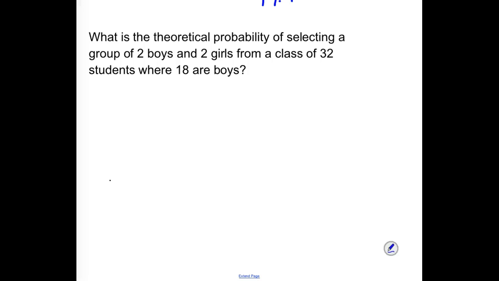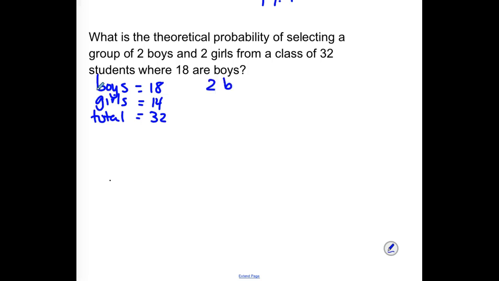All right, so how many kids are we putting in a group? 4. We want 2 girls, 2 boys? Okay, how many boys are in the class? How many girls? And so the total? 32. All right, so how do we show that we want 2 girls and 2 boys?